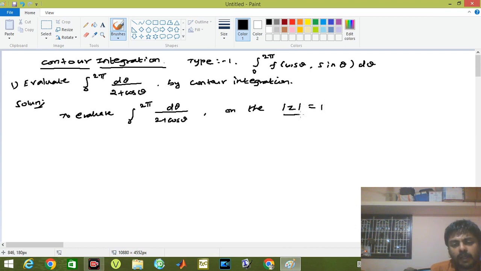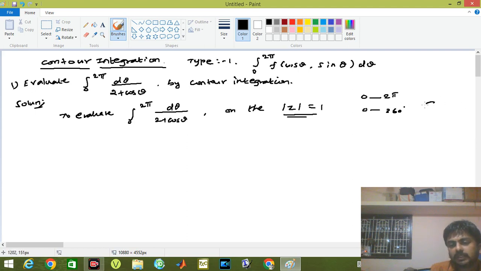Why I have taken modulus of z equal to 1: see, 0 to 2 pi denotes 0 to 360 degrees, and it is a complete circle.